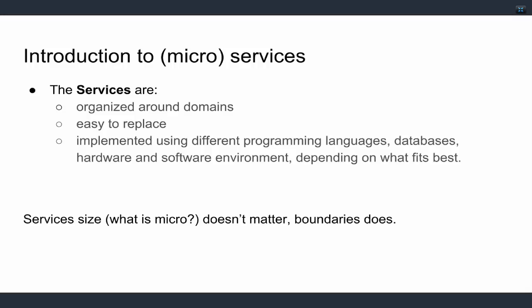The idea of these services is that they are really easy to change and easy to replace, and this leads to really autonomous teams that can work independently, and they can use really different programming languages if they want, different databases, and they can have really different environments depending on what fits best.